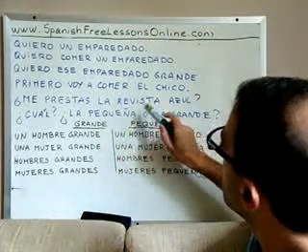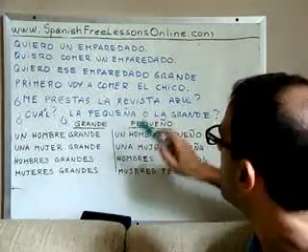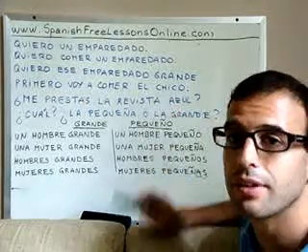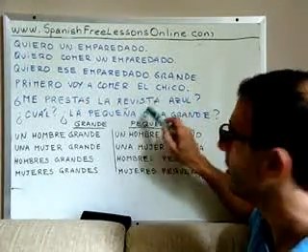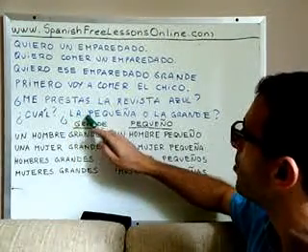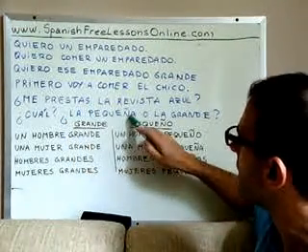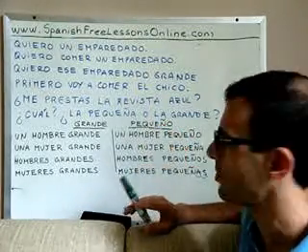It's referring to la revista, the magazine, which is a feminine word because it ends in A. Okay? Words ending in A are feminine. That's why the small one, la pequeña, is feminine, ending in A.